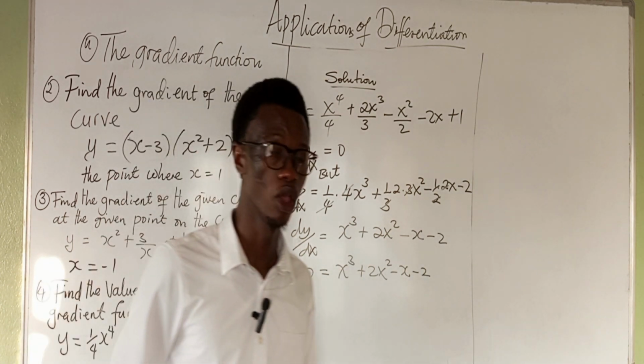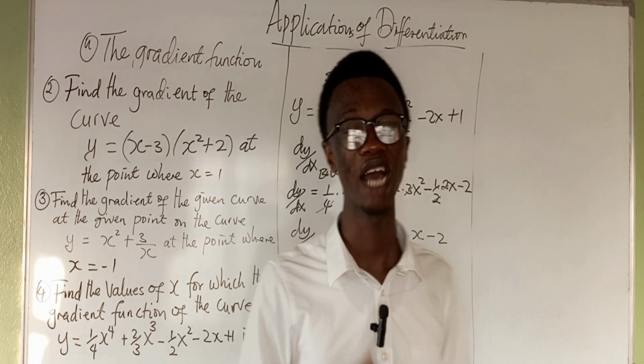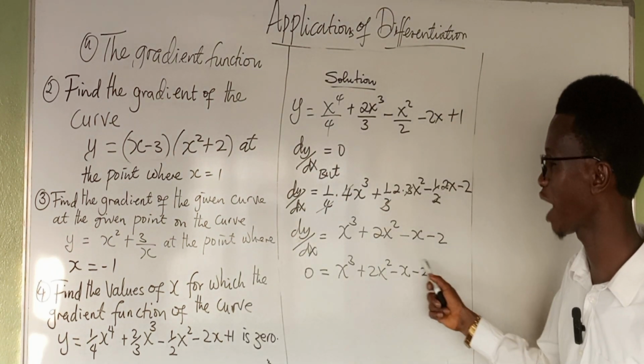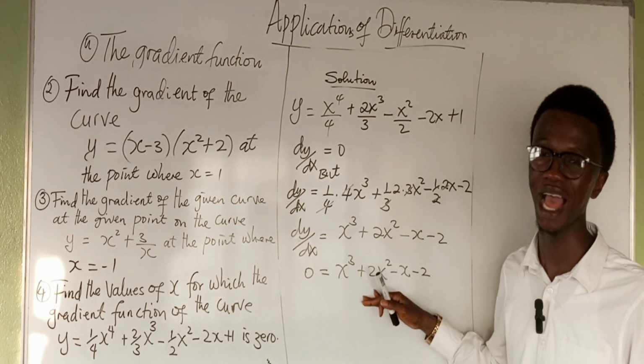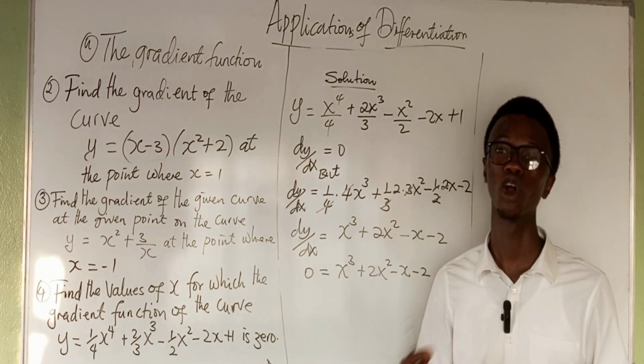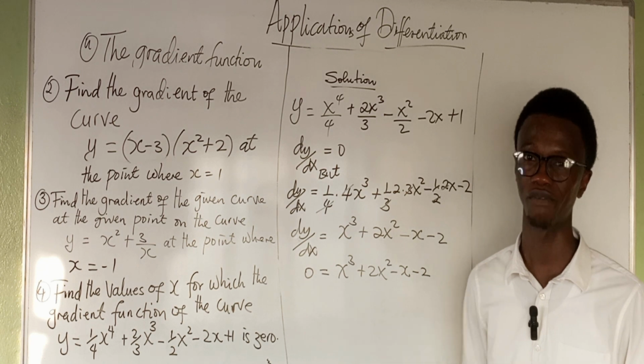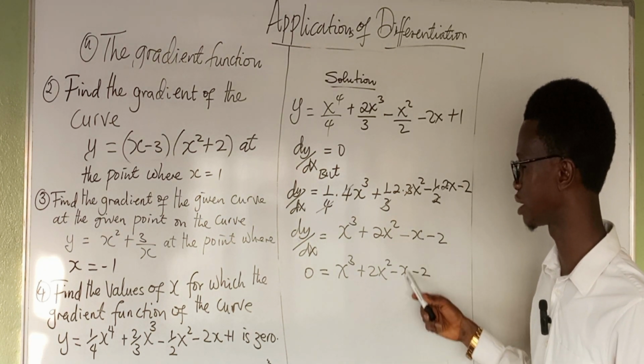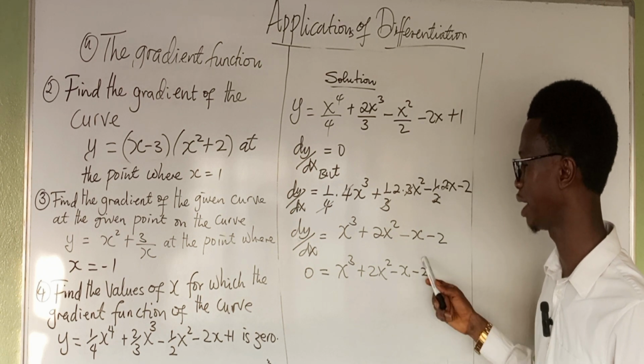So because of that, what do we have to do? We have to look at the constant number here. We have to determine one of the factors, and then we apply the long division for us to have the other factors. So we always look at the constant number, this number here.